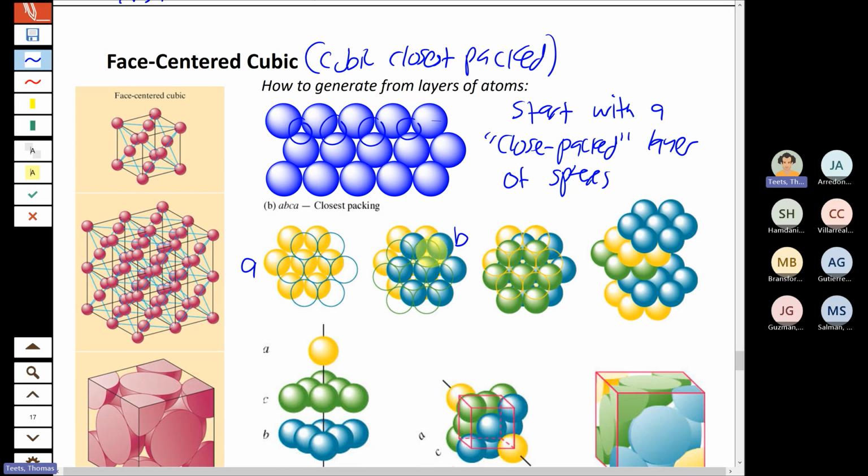It's not going to be exactly over the A layer yet. So the third layer, C, is going to be distinct, shown in green in these diagrams. And then finally, the fourth layer ends up being identical to the first in terms of its placement. So what we have is an A layer, a B layer that's in the gaps of the A layer, a C layer that's in the gaps of the B layer, and then finally it repeats itself after that.